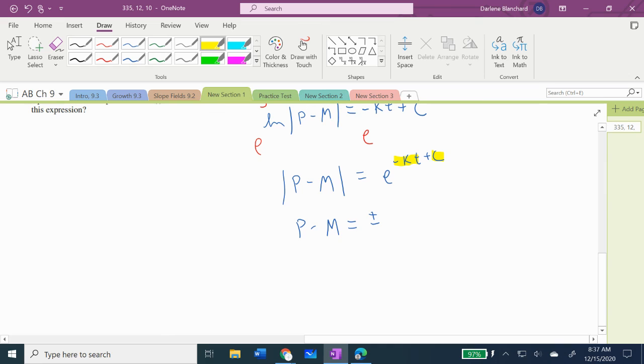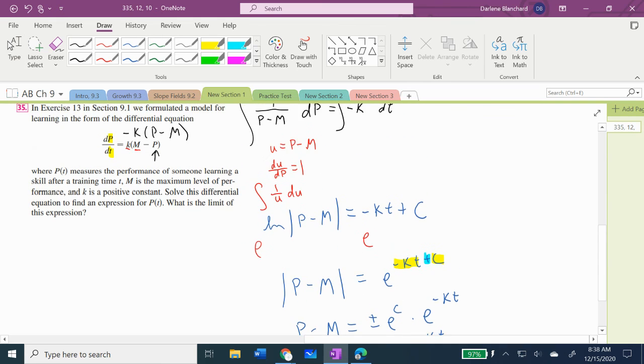When I have addition of two items in an exponent, that can become multiplication with that same base. And I'm going to put the c in front and then the negative kt. So now it is p minus m equals some unknown constant. I'll give it a capital A times e to the negative kt.